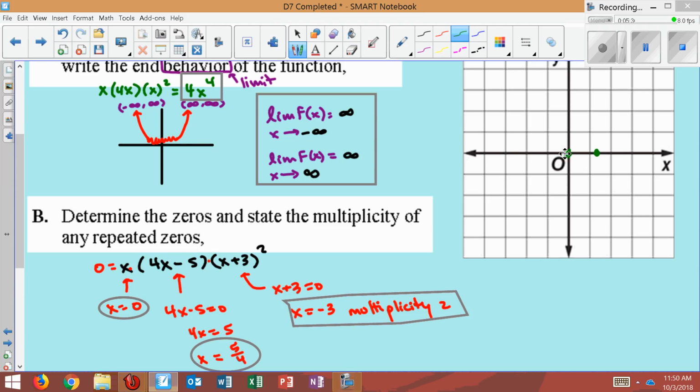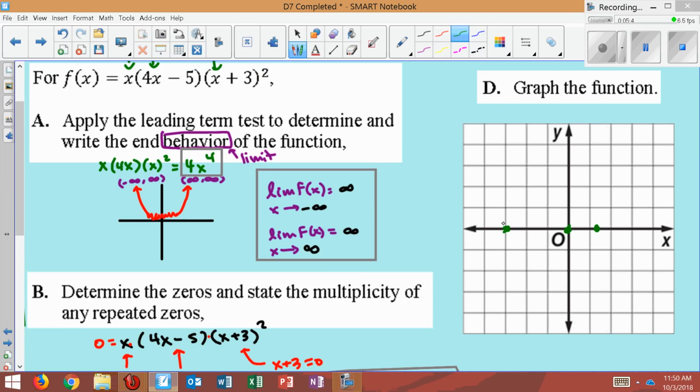This one is negative 3. We know since it's multiplicity 2, this will be a parabola, and since we know it's going up on each outside, this value here will go up this way, and this one's going to go up this way. We got that from the leading term test.